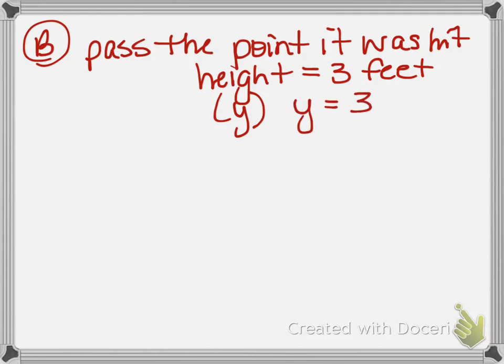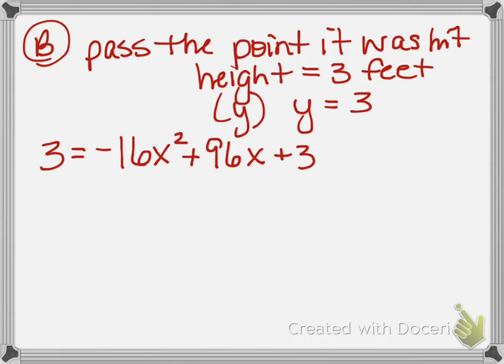So my new equation that I have in B is 3 equals that equation that we had, negative 16x squared plus 96x plus 3. Now you remember our rule when we're solving an equation, is it allowed to equal 3 or any other number?